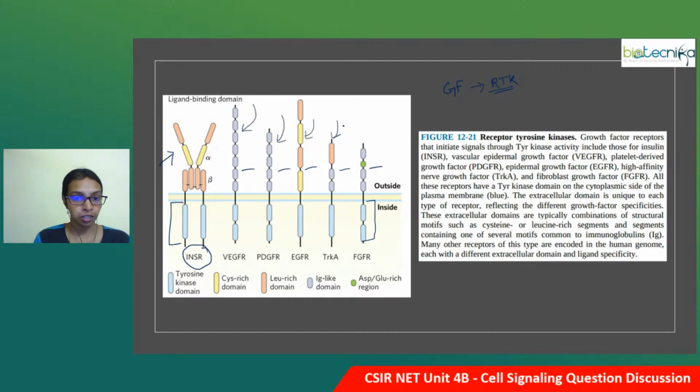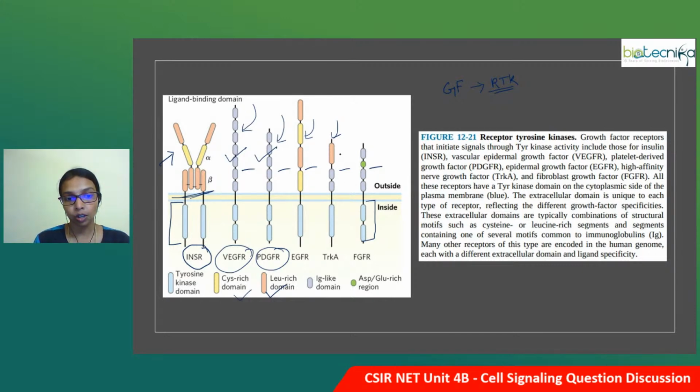That is one difference. The second difference is that the insulin receptor has a leucine and cysteine rich domain, a combination of them. For VEGFR and PDGFR, you are having immunoglobulin domains, right? But what is the difference? Difference in the length of the chain. And here also, like your insulin receptor, a combination of leucine and cysteine.